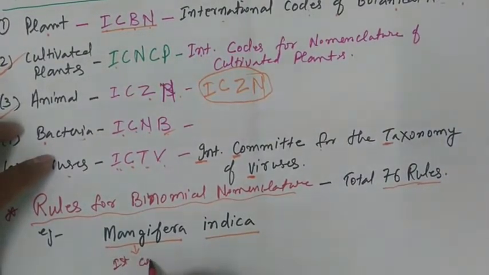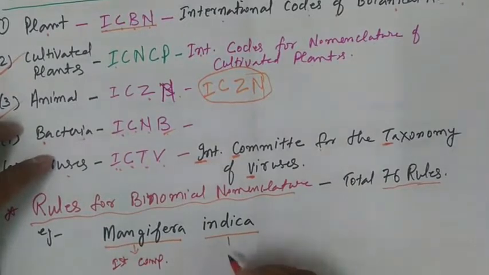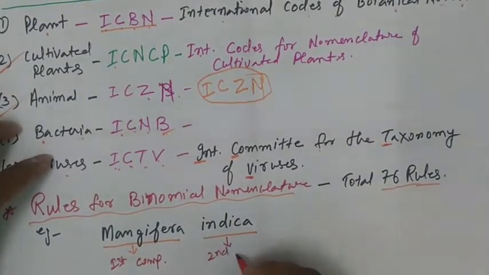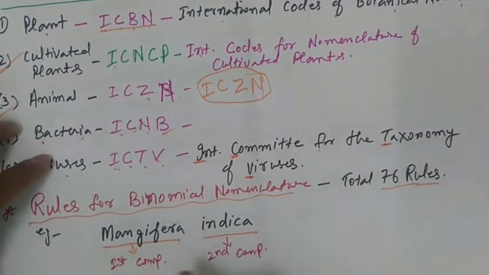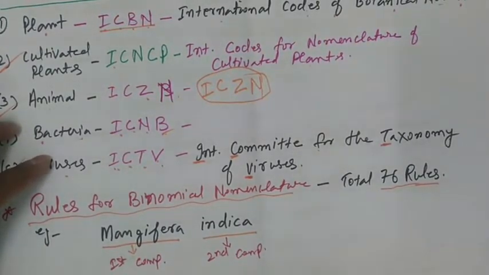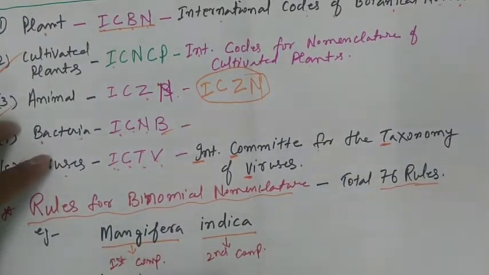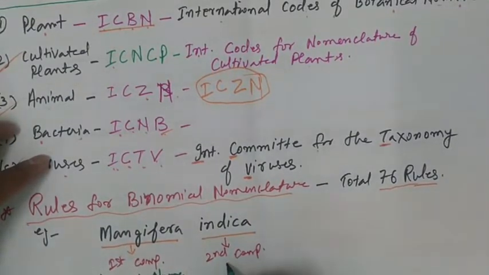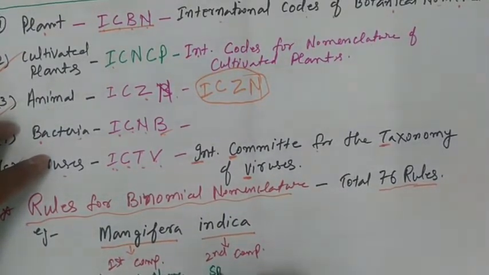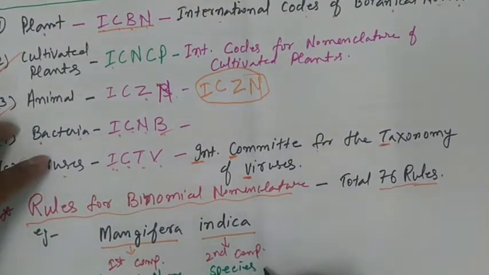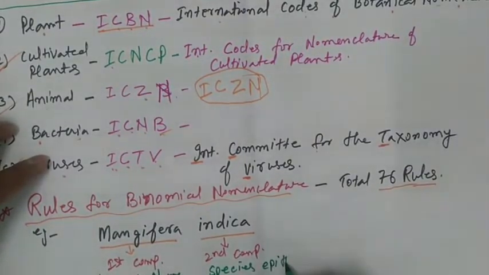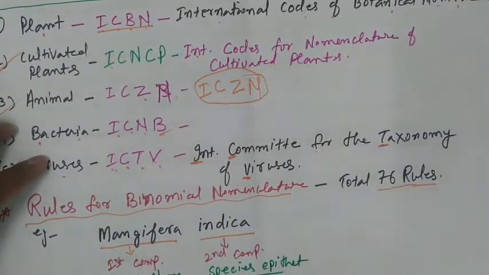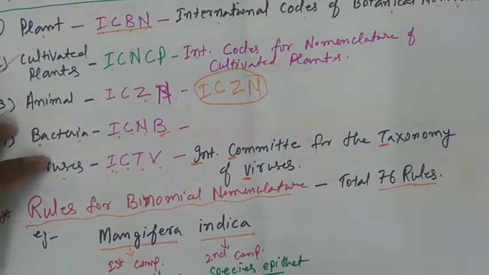The first component represents the generic name, that means the genus of that organism. And the second component represents the species epithet.